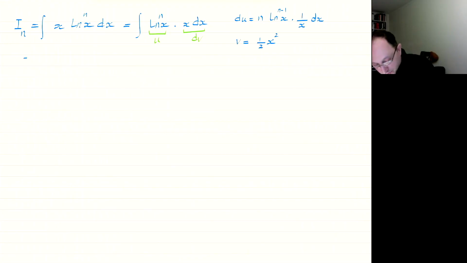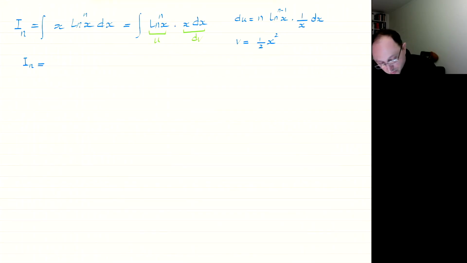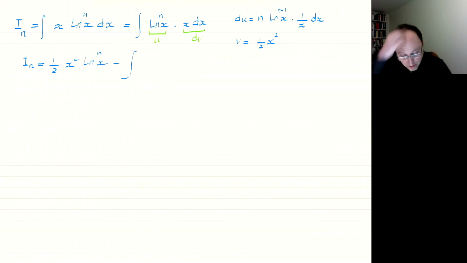Now what I have to write is I_n equals, so what is happening here? This is u dv, so the answer is uv minus the integral of v du. So uv is the product of u and v, which becomes 1 over 2x squared ln of x to the power n, minus the integral of v du.